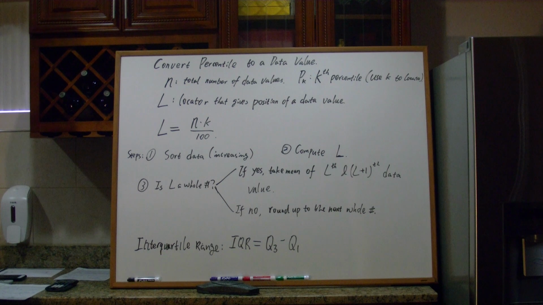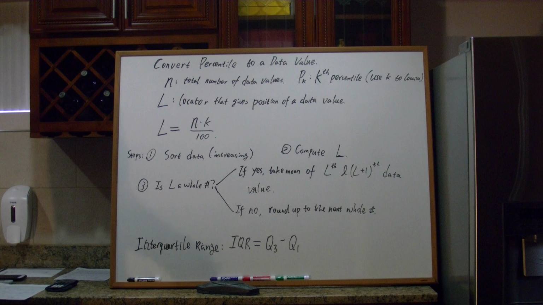Sometimes people use 1.5 times the interquartile range below and above Q1 and Q3 to set the fence of the usual values. Before, we could use twice the IQR. The book we're using says 1.5 times the interquartile range.